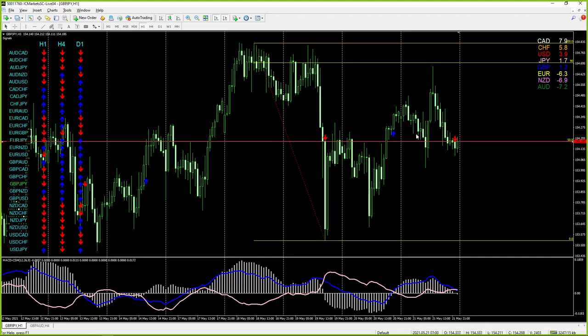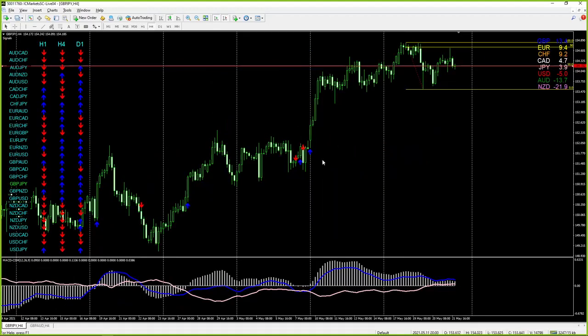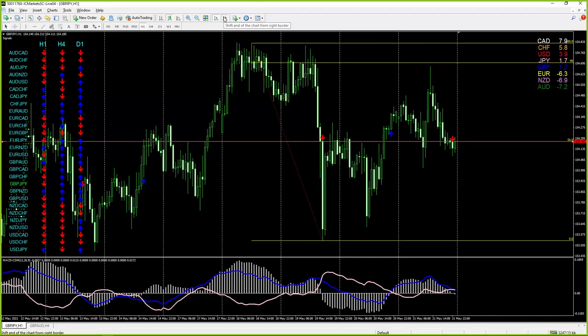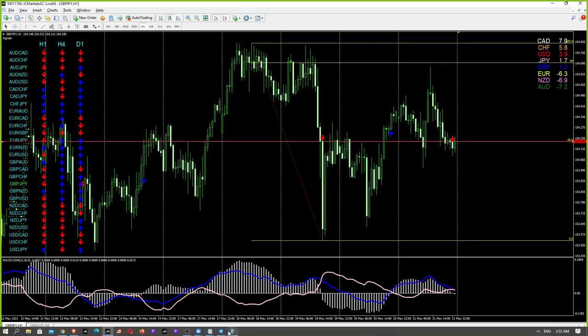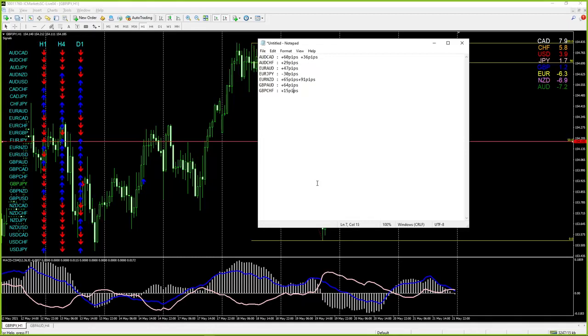So we can still wait on this GBP JPY, even though there's a sell on the H1 time frame already. H4 is still doing fine. It's still a buy signal here, so we can still hold the trade on GBP JPY. And as we can see, we are just break even on GBP JPY. Let's take note of that. GBP JPY is break even.